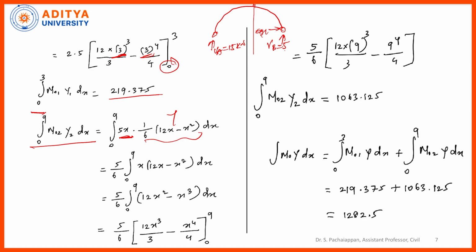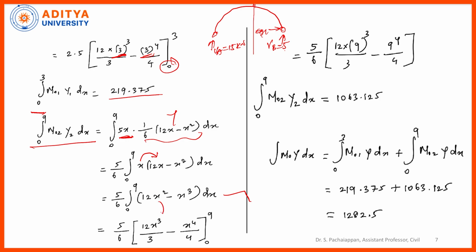Now this 5 by 6, with 5 in the numerator and 6 in the denominator, I am taking outside. So 5 by 6 integral over 0 to 9, x into this term. Multiplying this x inside the bracket, it becomes 12x square minus x cube into dx. Now I need to integrate it.